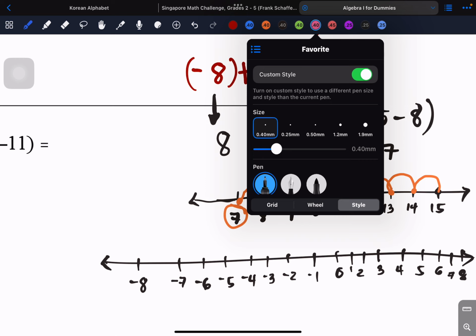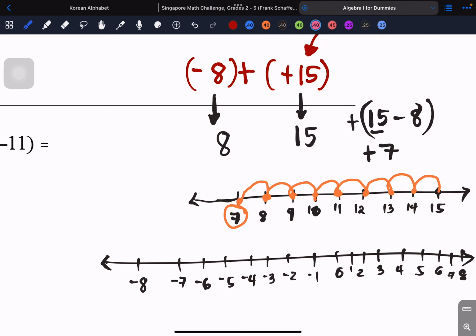Ang ibig sabihin lang nun, from negative 8 to starting point, you will move 15 units to the right, kasi papunta ka dapat sa positive eh. Sa positive side eh. O to the right yun. So, you count 1, 2, 3, 4, 5, 6, 7, 8, 9, 10, 11, 12, 13, 14, 15. Kaya ang sagot natin, 7.